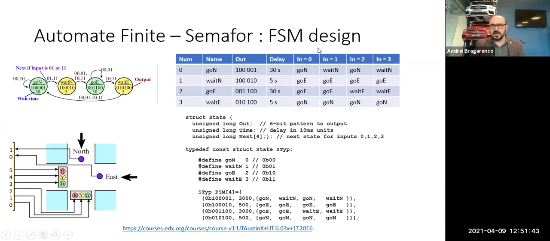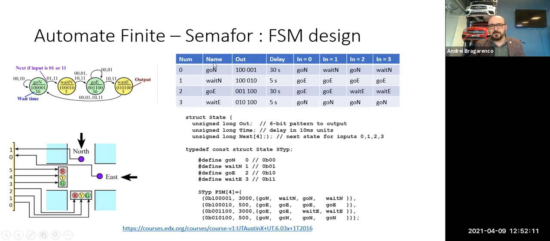Okay, nobody is asking, both are asking, north is asking, east is asking. So for the output we have the combination for the traffic lights. This is one traffic light and this is another traffic light. This is for the red, this is for the yellow.